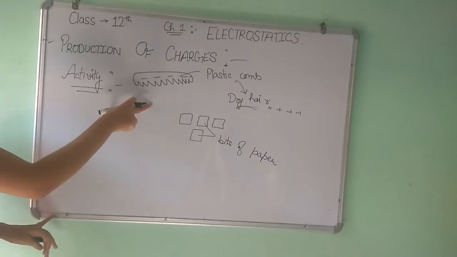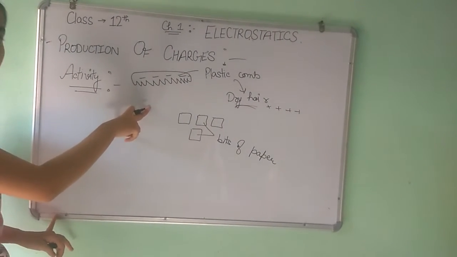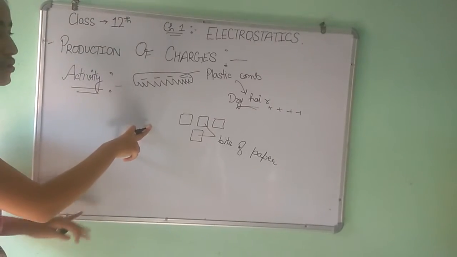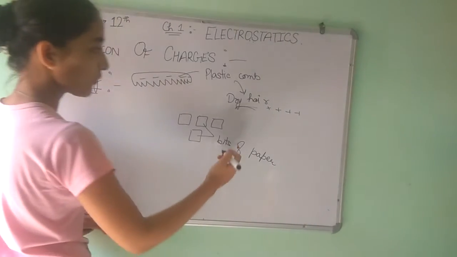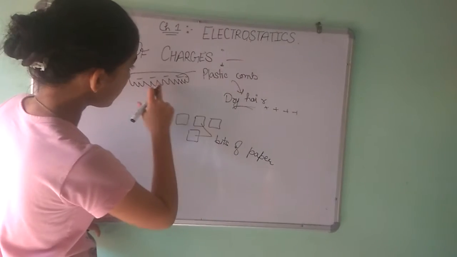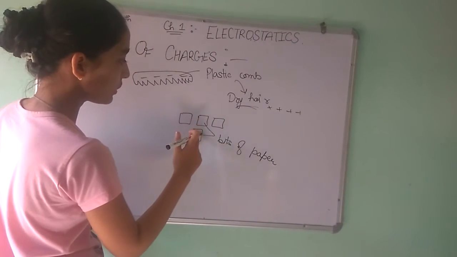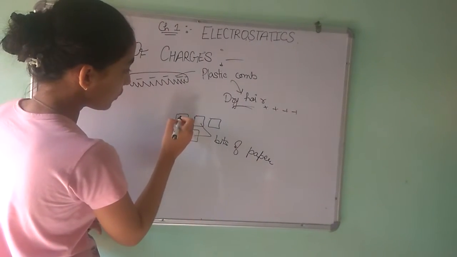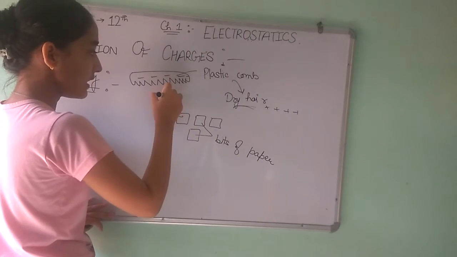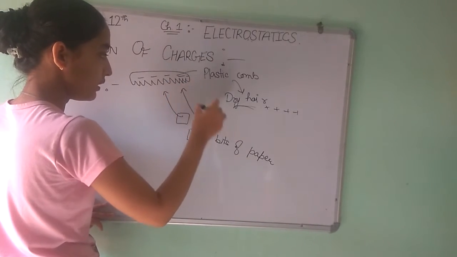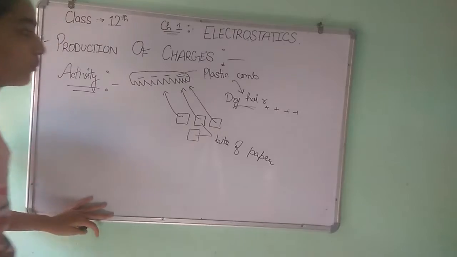This is already told by scientists, which object gets positive charge and which gets negative charge, so we only have to learn that. And when we bring this plastic comb in contact with the bits of paper, what do we see? We see that these bits of paper stick to this plastic comb.